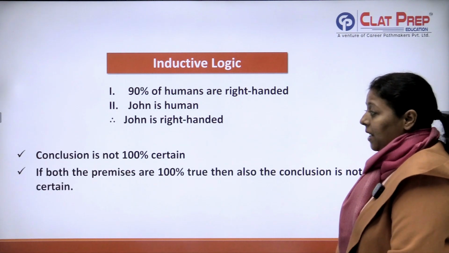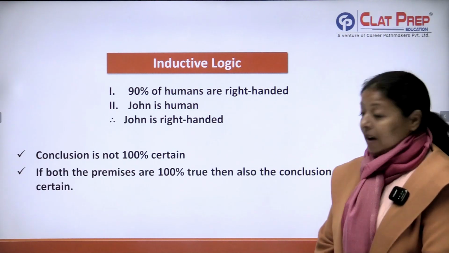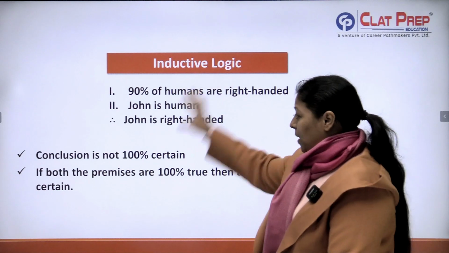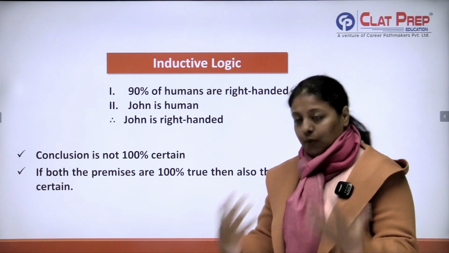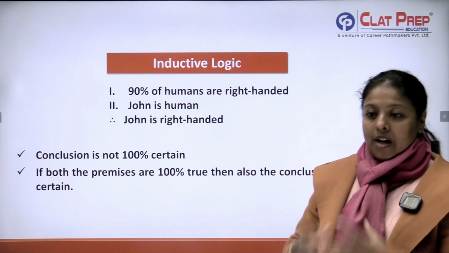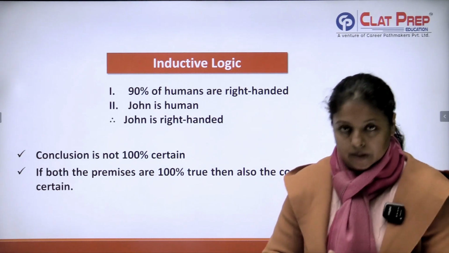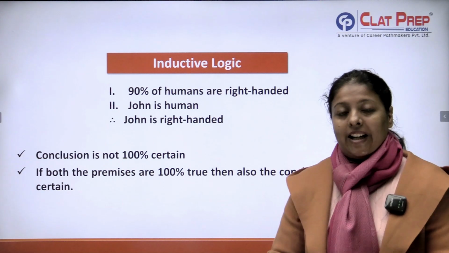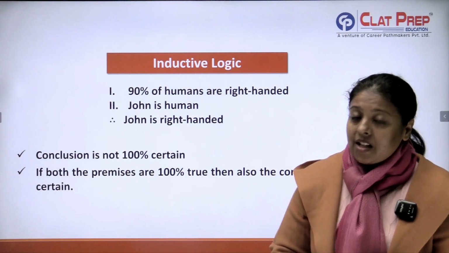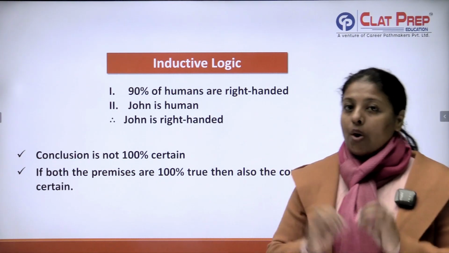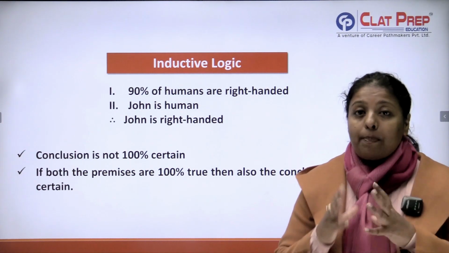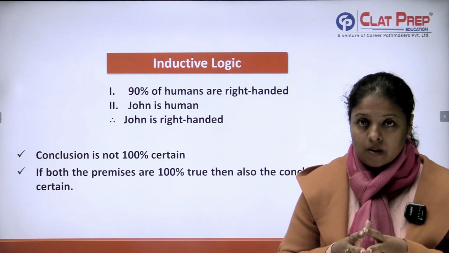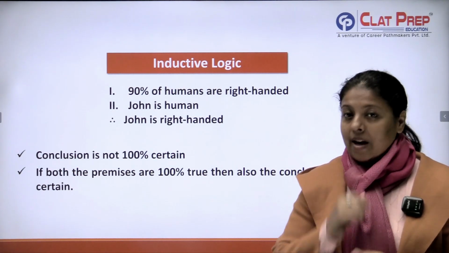And when you are doing inductive reasoning, you have to see that both premises are 100% valid. You have to accept whatever the author has written, as it is, whether you feel it is valid or not, whether it is true or not. You don't have to apply your logic with respect to the premise.